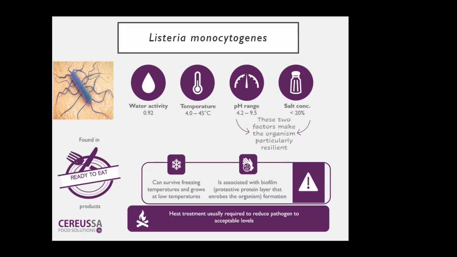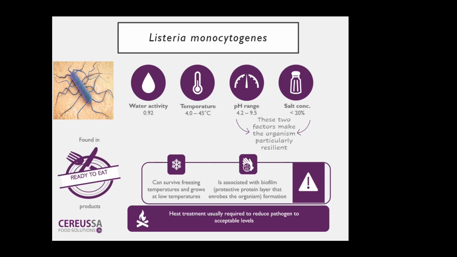So the fact that it can grow at quite a low pH and because it can grow in conditions where there's quite a lot of salt, these two factors make the organism particularly resilient. Now, Listeria monocytogenes are of particular concern in our ready-to-eat products.